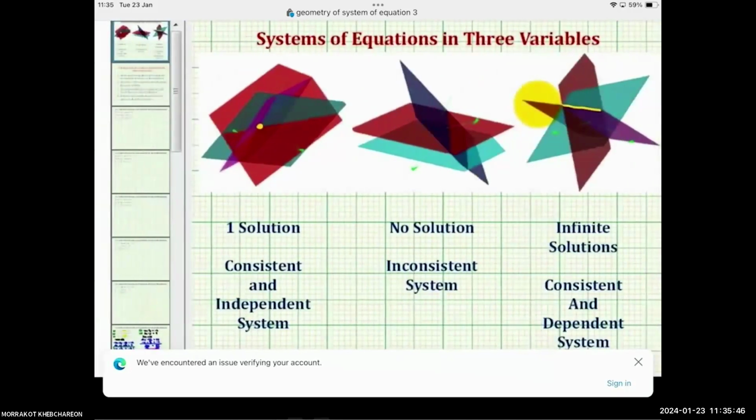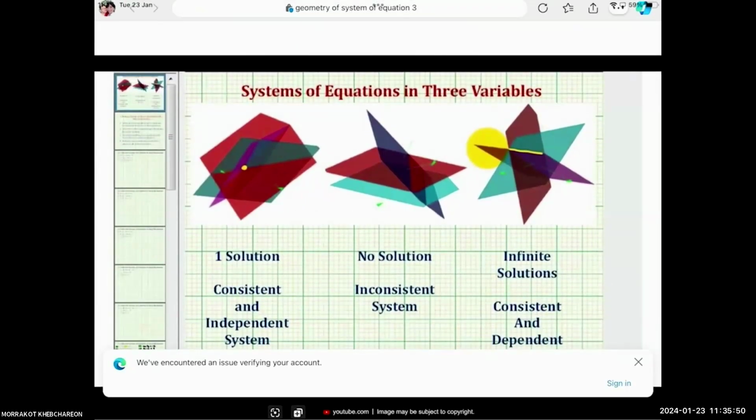But if those three planes, this picture is not the picture I want to say, is like three planes lie in the same place, okay? So it's infinitely many solutions.